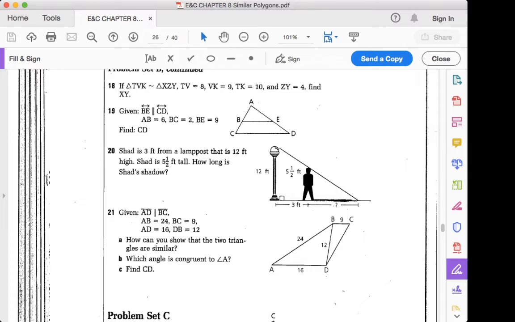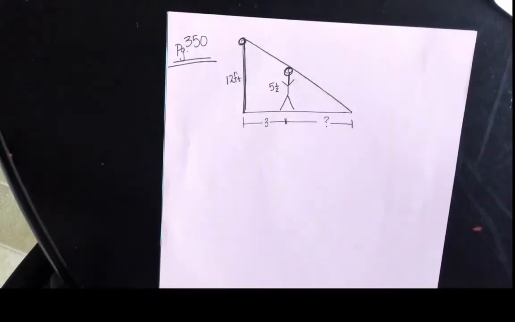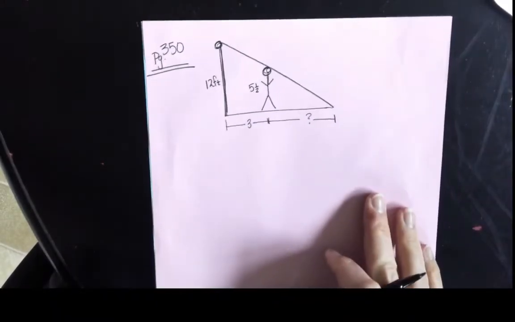And so in number 20, it does say that Ched is 3 feet from the lamppost that is 12 feet high. Ched is 5.5 feet tall, so 5'6" tall. How long is his shadow? So when we are looking at this, you need to address this like we were actually talking about two similar triangles.